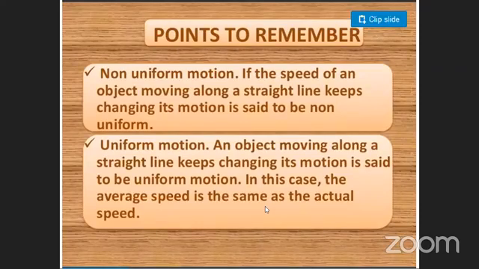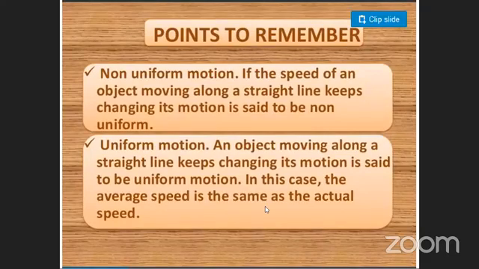And in uniform motion, their average speed and actual speed are the same because they are going in a straight line. Have you understood? Suppose, Salman, when we are moving from hostel to school, are we going straight, or sometimes moving to the right side, sometimes to the left side, yes or not?